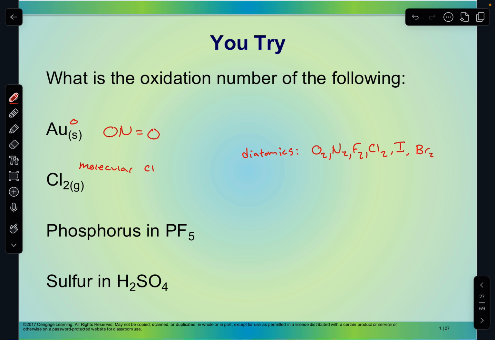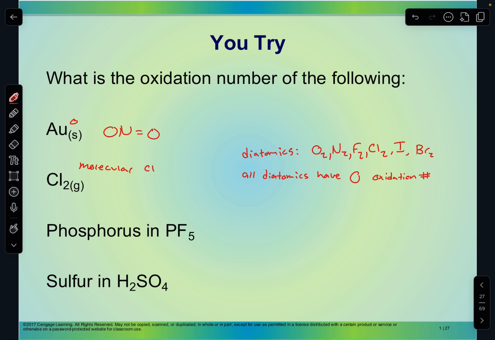Those are your diatomics. All diatomics have a 0 oxidation number.